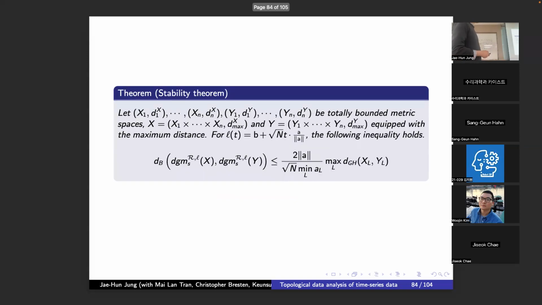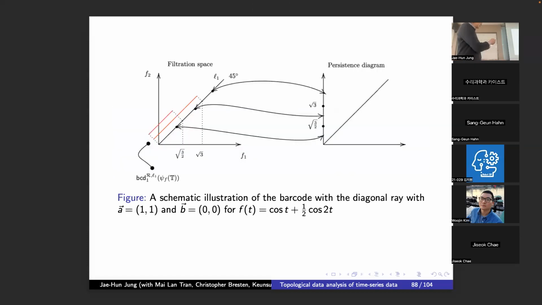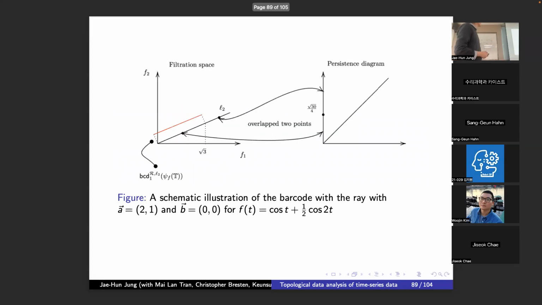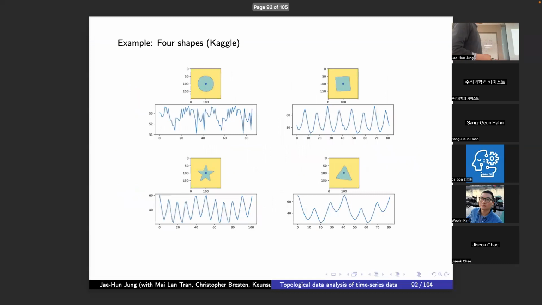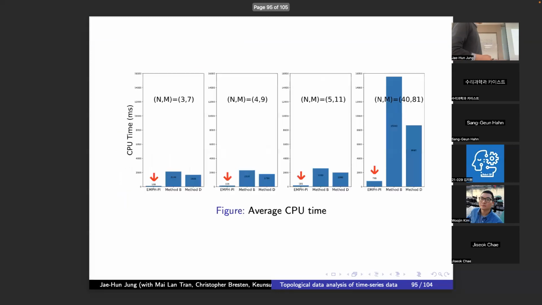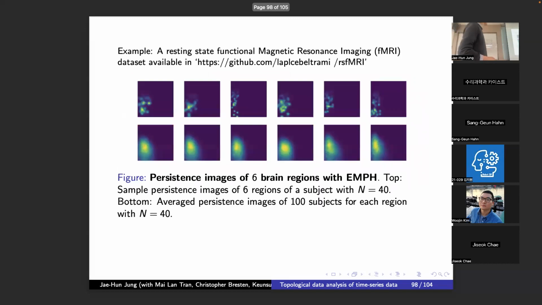In this case, you can do this under any ray. This is the straight line, but you can also do this curved one very easily. There is no computation at all. So I'm going to show you this really big data, fMRI.